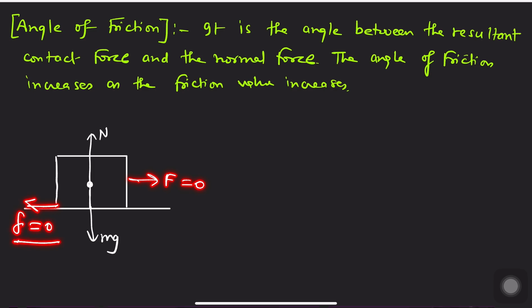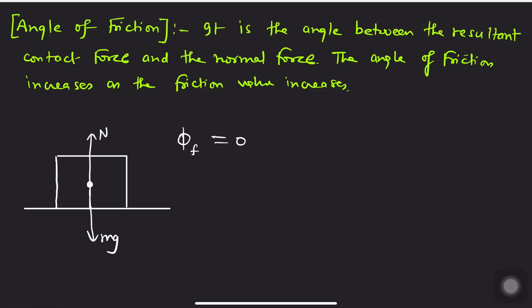In that case the resultant contact force R will be equal to the normal force only. Because that is the case, the angle of friction, which I am representing as phi f, will be equal to 0. I hope you are getting my point.